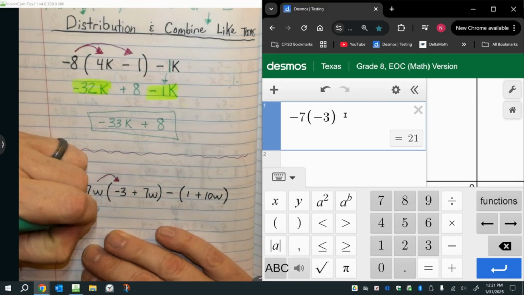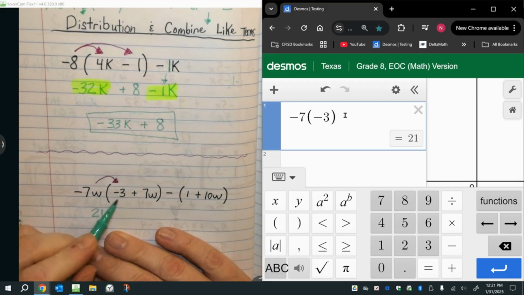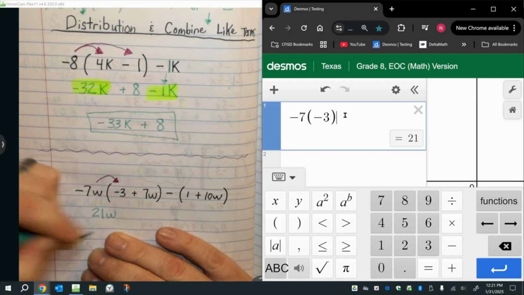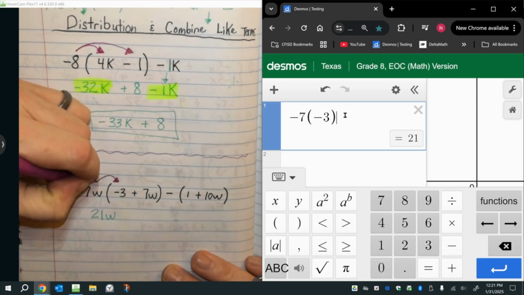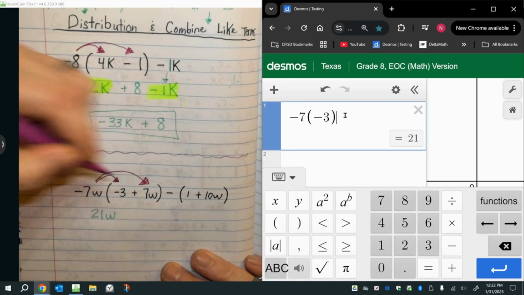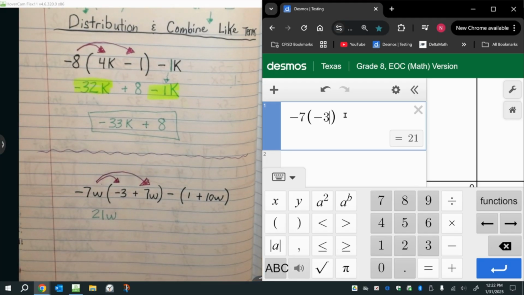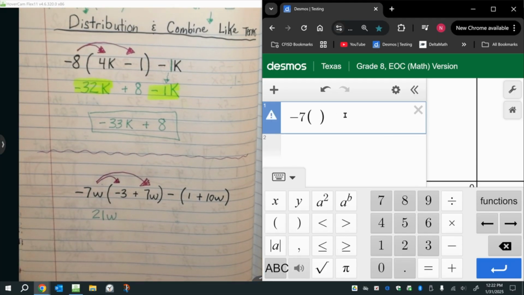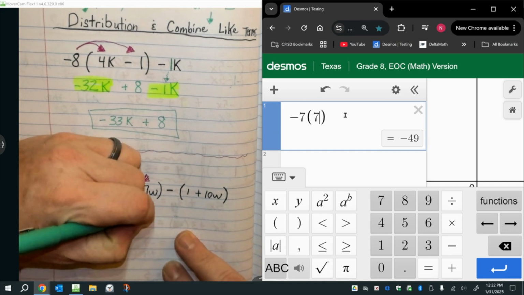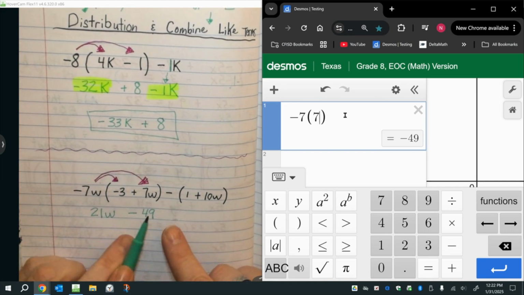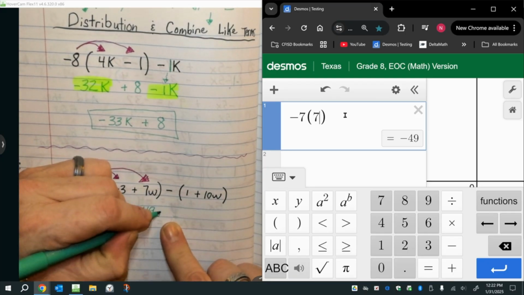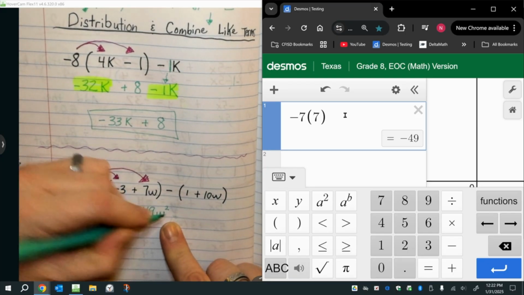So 21 with my W. Then I'm going to take my negative 7 and I'm going to multiply it to this positive 7. So let's get rid of that and make this a positive 7. And you get negative 49. So now I have minus 49. And W multiplied together is going to make W squared.